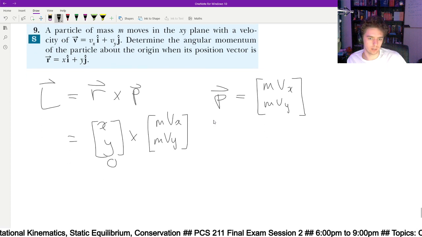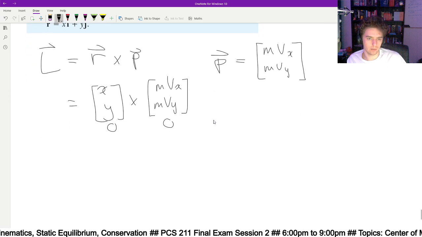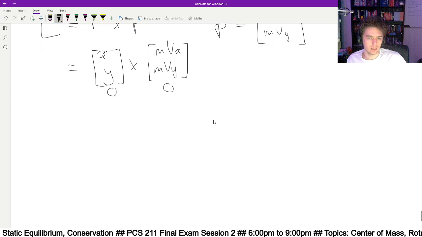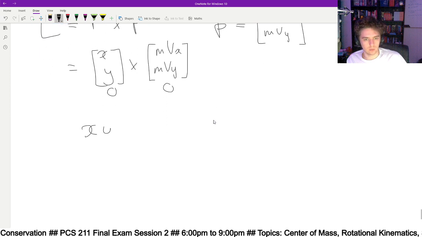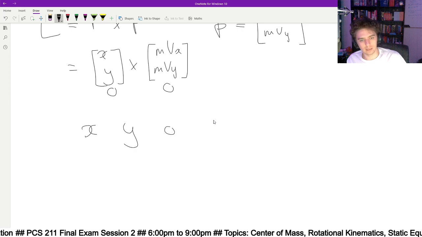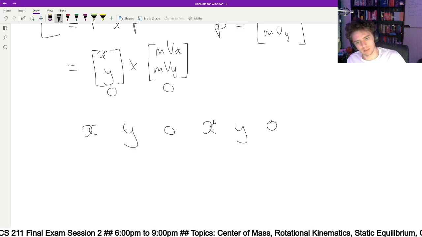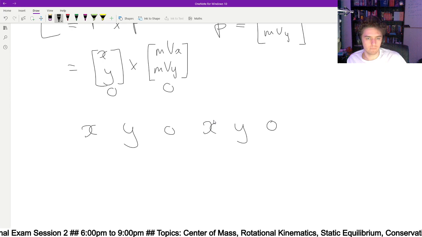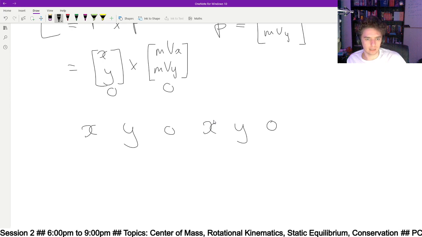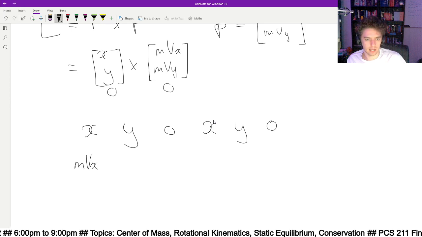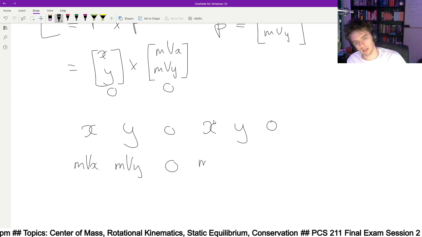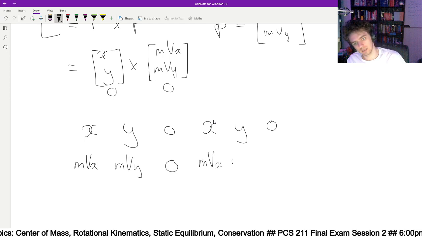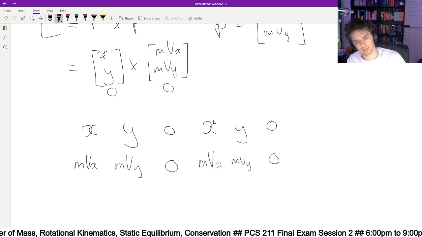Cross product is only defined in R3, so we have to put a 0 at the bottom here. Now I just take the cross product. So it's going to be x, y, 0, then m vx, m vy, 0.